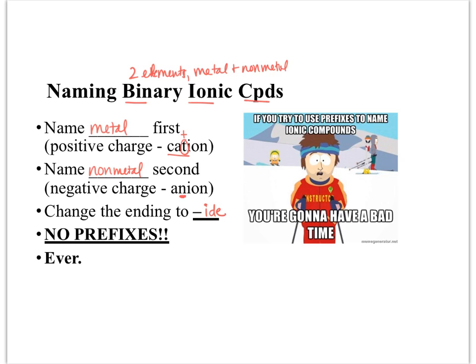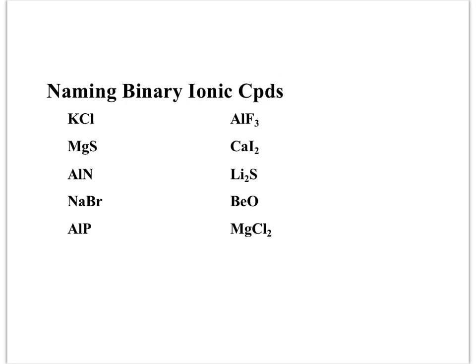We're never going to use any sort of prefix in that name to tell us how many of the element we're working with. So you won't see anything like mono or di or tri in these ionic compounds. So I'll work through a couple of these examples and then I'll post a couple questions for you to answer in this video.